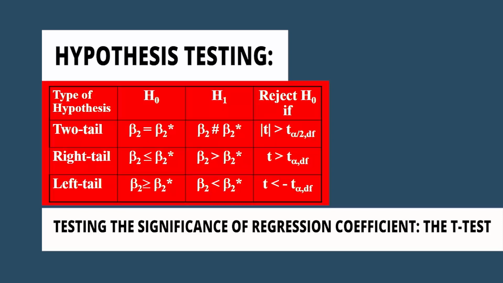That means if the computed value of t is greater than t alpha, where alpha is taken because it is not divided by 2 as one side of the distribution is considered, then we reject the null hypothesis. Similarly, if we operate on the left hand side of the tail, the same problem comes in where t is less than minus t alpha by 2.